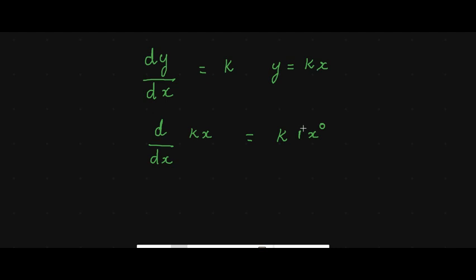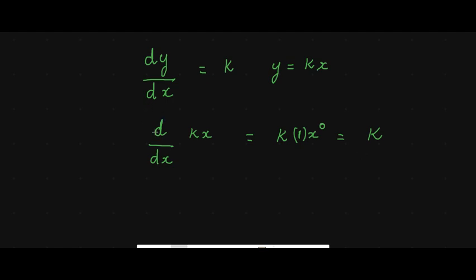So that is equal to k. It's very easy to verify that this holds. So if dy by dx is k, then the antiderivative has to be kx. That's what we are seeing here.